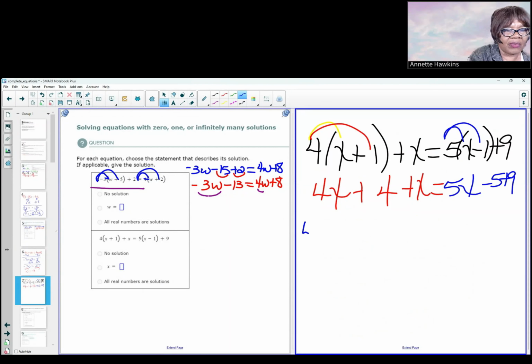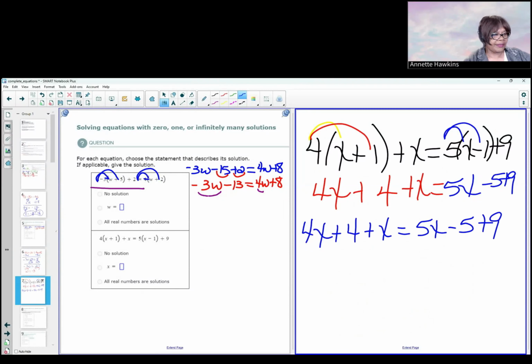So let me come over here. Okay. All right, on the left-hand side, I got 4x and x, that's 5x plus 4 equals.